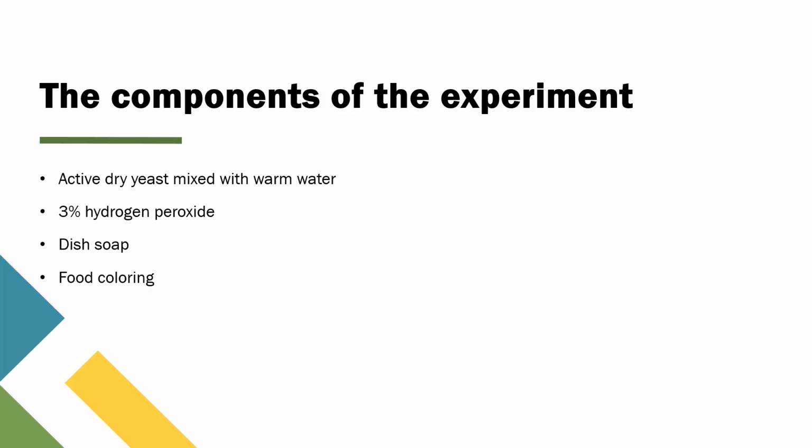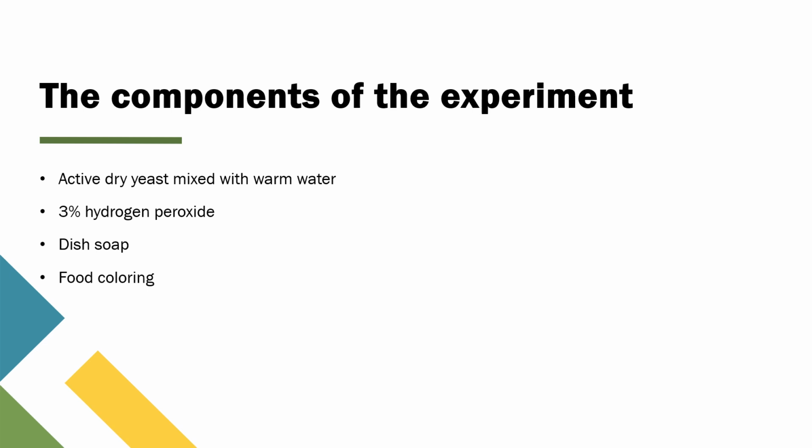So here is where some of the issues with my lab may have been, as in the components of the experiment. I had active dry yeast mixed with warm water, allowed it time to reactivate, as one would do. But I did only have 3% hydrogen peroxide. It was the strongest concentration I could find anywhere. We don't have many stores locally, so I had to just find the most basic stuff for everyday wound care.